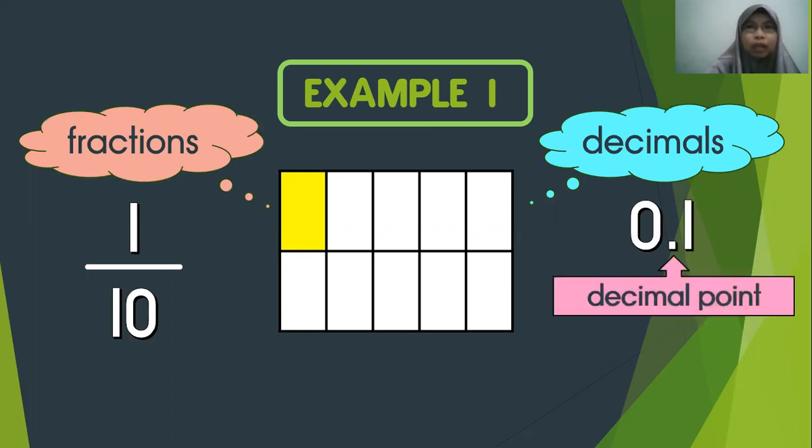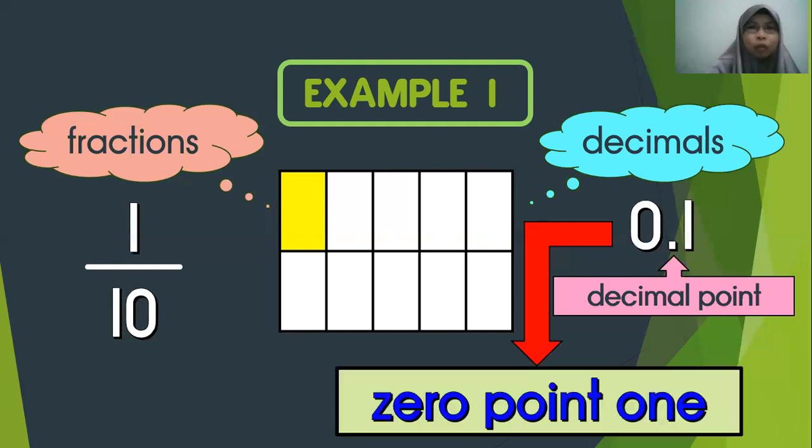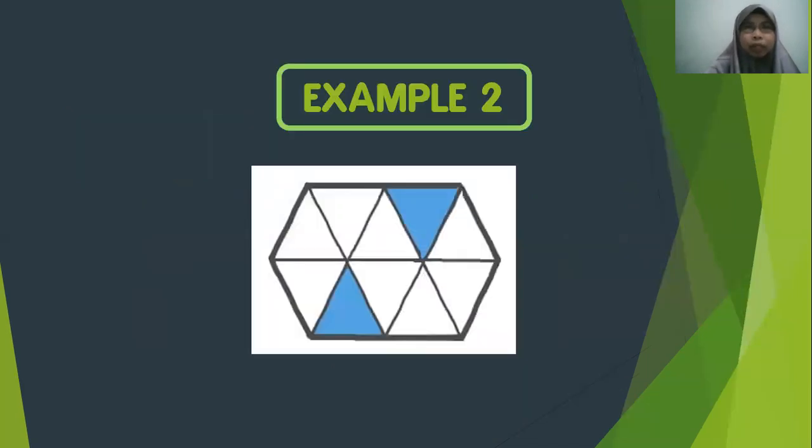That's why we call 0.1 a decimal number. 0.1 we can also write in words as 0.1. What we say is what we write. So we spell 0, we spell point, and we spell 1. 0.1.